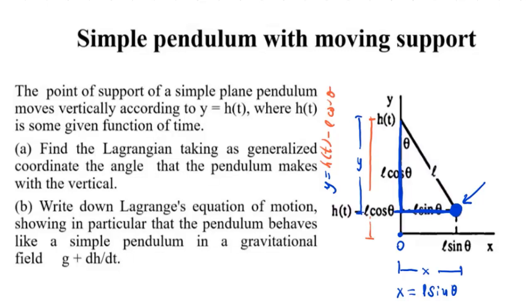So those are the Cartesian coordinates for the mass. Well, we can write them down, and this is part A of the problem.